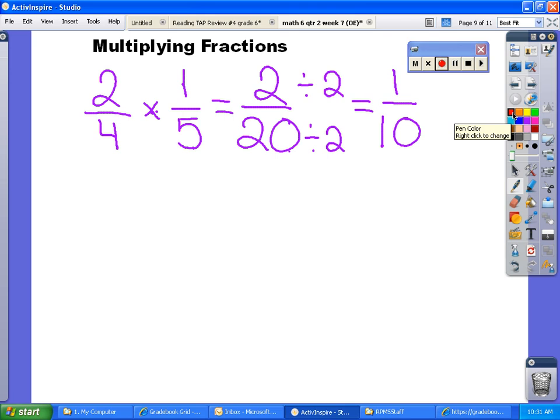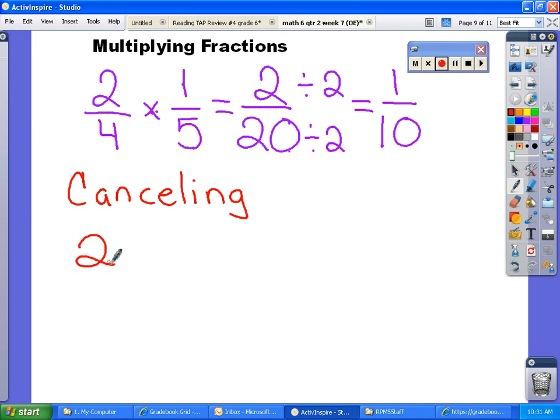It's called canceling. And what canceling means, we're going to try to simplify some of the numbers before we multiply. So we're going to take the same problem, 2/4 times 1/5.